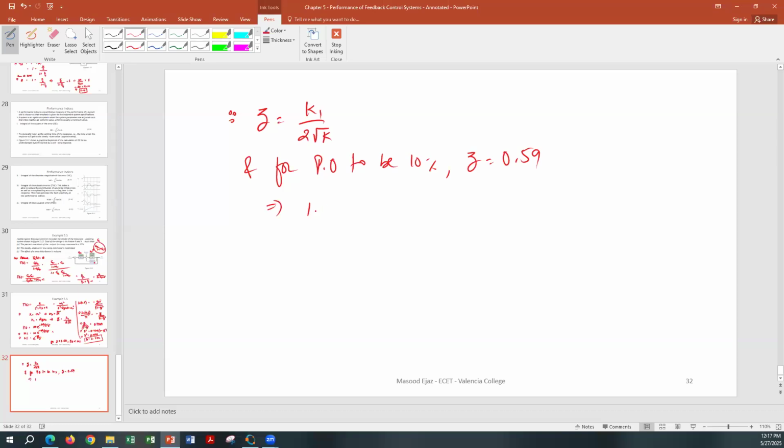So K1 over 2 square root of K is equal to 0.59.